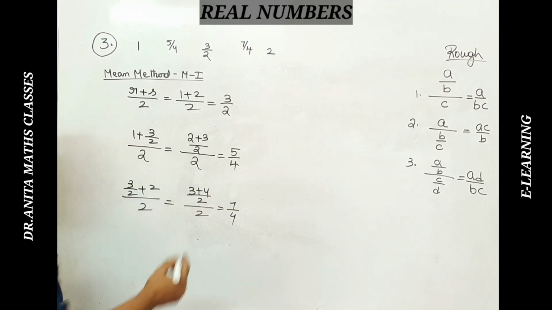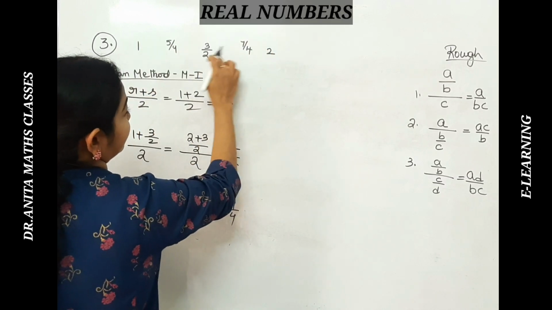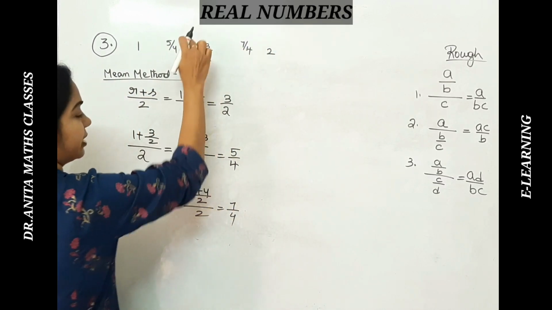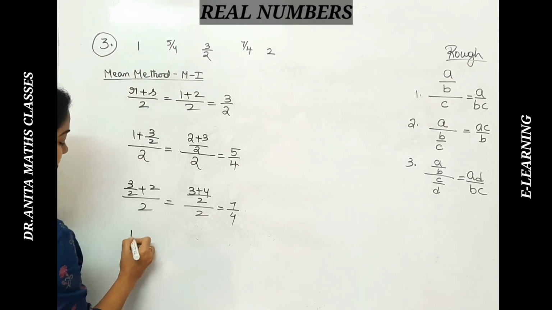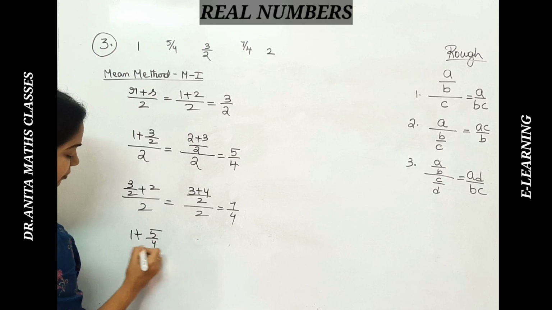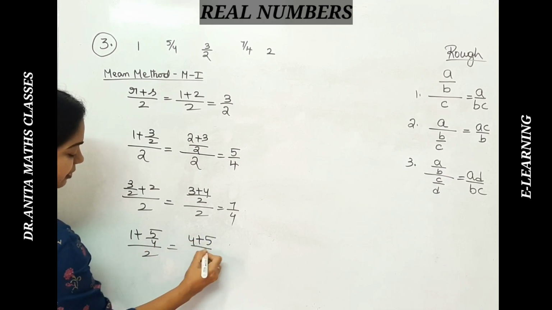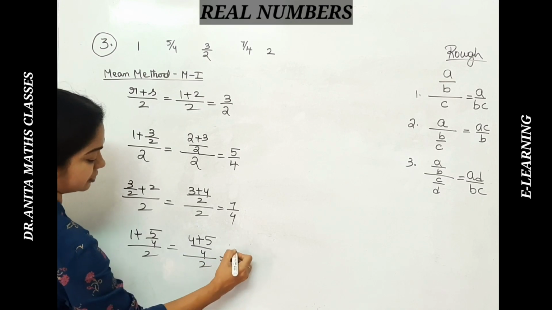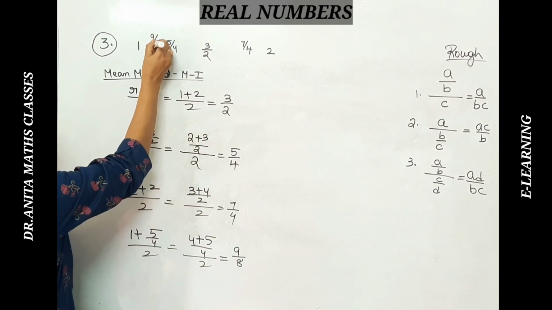We got 3. Now, in between each of these pairs I can take one more. Let me take these two first: 1 plus 5 by 4, by 2, that comes to 4 plus 5 by 4, by 2, so that is 9 by 8. Here I got 9 by 8.